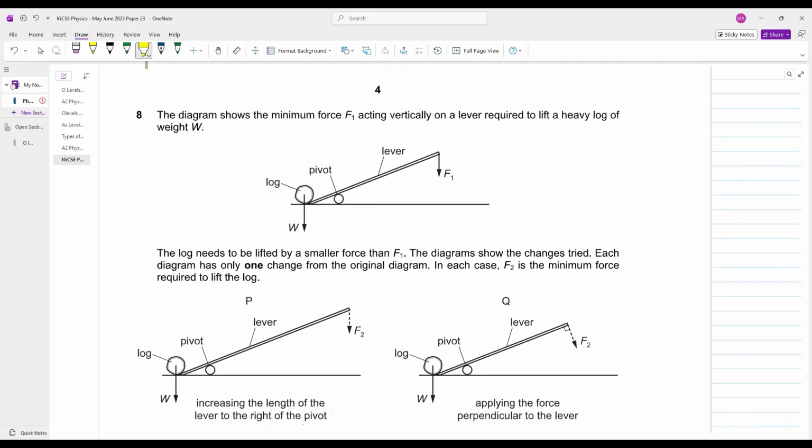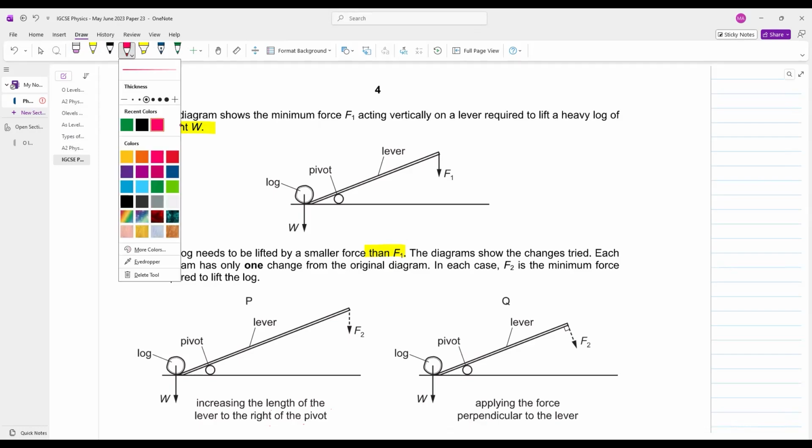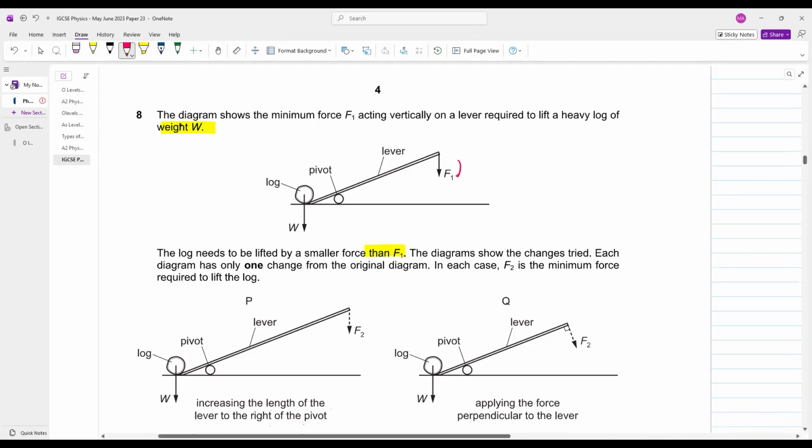Okay, so let's see this question. The diagram shows the minimum force F1 acting vertically on a lever required to lift a heavy log of weight W. The log needs to be lifted by a smaller force than F1. So what is happening here? Let's examine. You have a force F1 that is generating a clockwise moment.